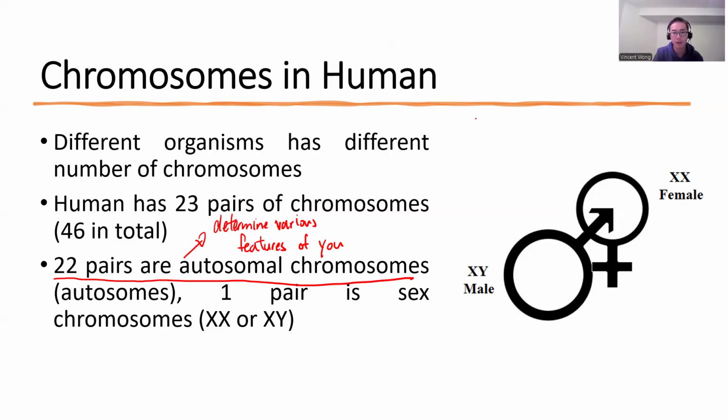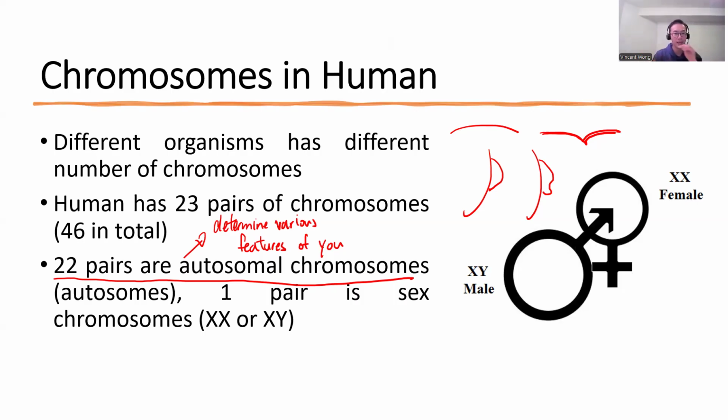Some people have a straight hairline, some people have what's called a widow's peak, right? Your ears might be attached. Your ears might have a lobe. I have a lobe. Some people have attached, right? That's genetically determined. All these features about you are going to be encoded within the autosomes, okay?